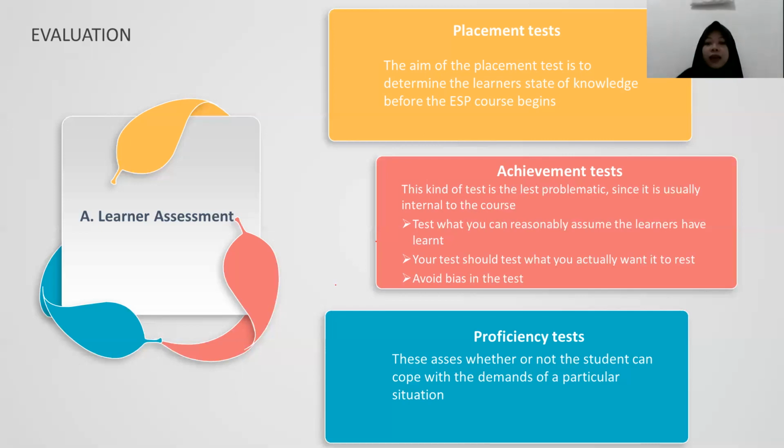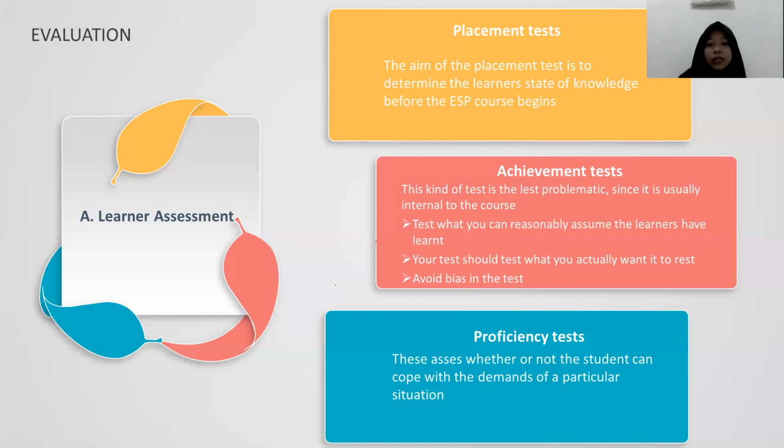Such tests, they say, are primarily criterion referenced. In other words, the candidate's ability is assessed according to how far it matches certain criteria judged to be essential for proficiency in a particular task.